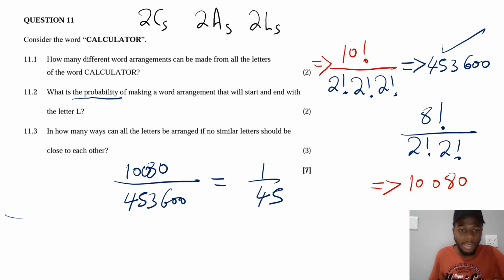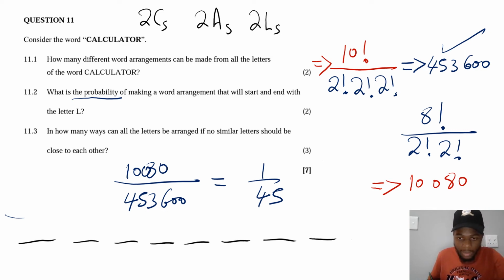Let's start with that number of ways if we have written all our similar letters close to each other. We'll be writing all those similar letters close to each other and identifying the number of ways.